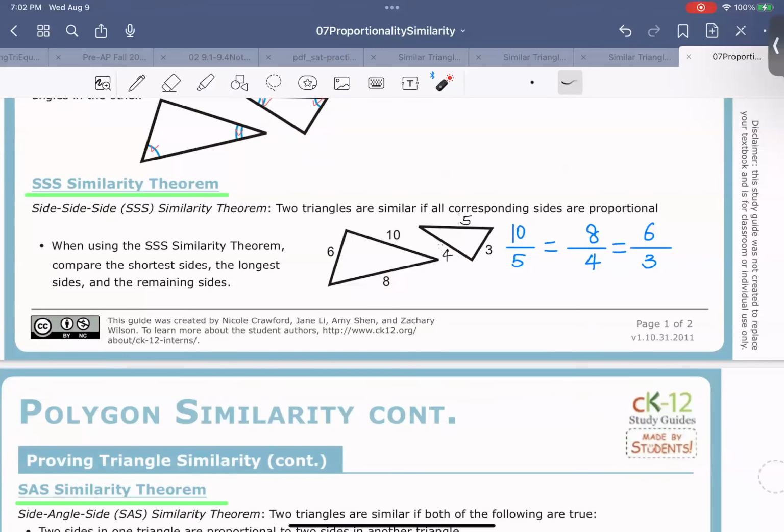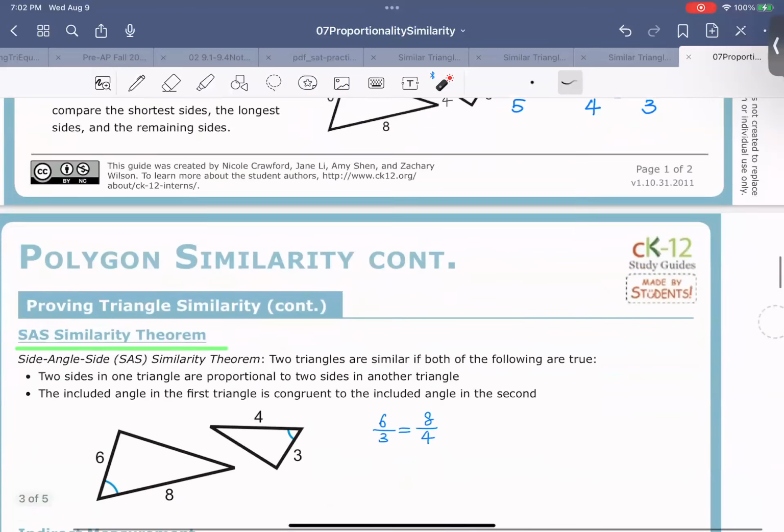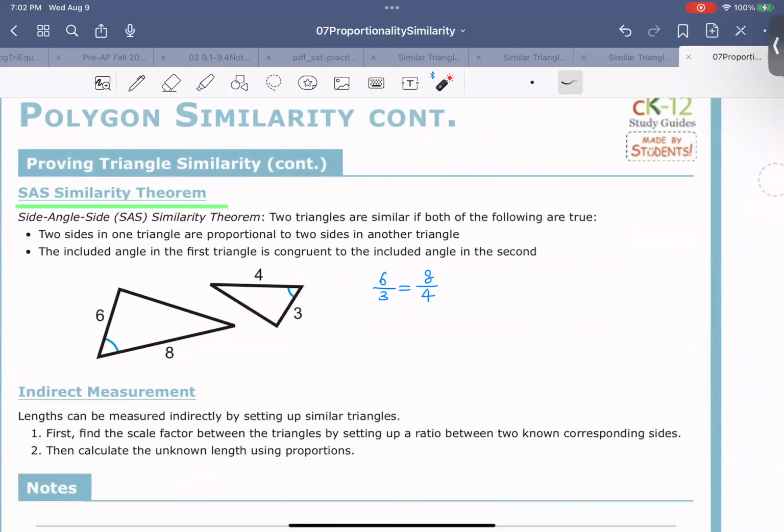That's called side, side, side. The last one is called side, angle, side. When we talk about side, angle, side, we have to make sure these two sides' ratio equals the other two sides' ratio, and the angle between them is going to be identical.